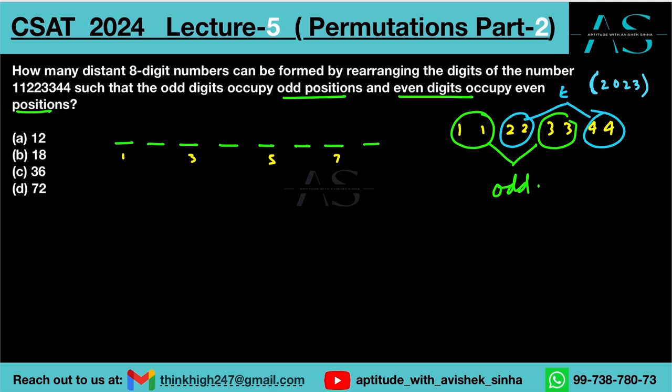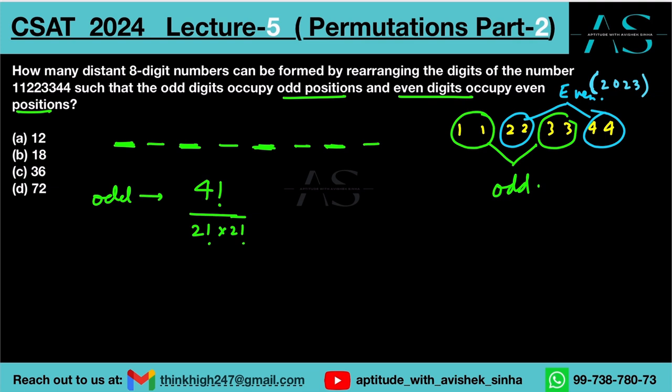Yes or no? How many odd positions do we have? 1, 2, 3, 4. We have got 4 positions for these 4 values. So odd values can be filled in 4 factorial ways, but they are repetitive in nature. So this is 2 factorial into 2 factorial.